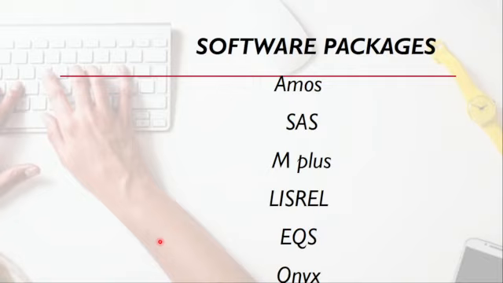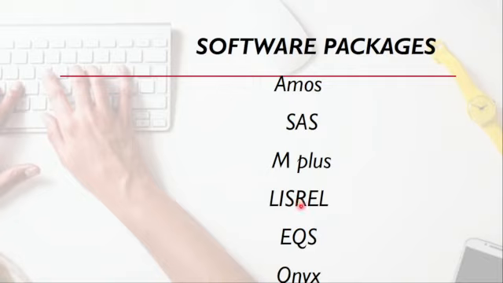And next we will talk about the software packages available now. There is a list of software packages available for fitting SEM, that is structural equation modeling, and this list keeps on changing and growing all the time. The best known software package for SEM is LISREL, developed by Karl Jöreskog and Sörbom, and it was one of the first available packages.